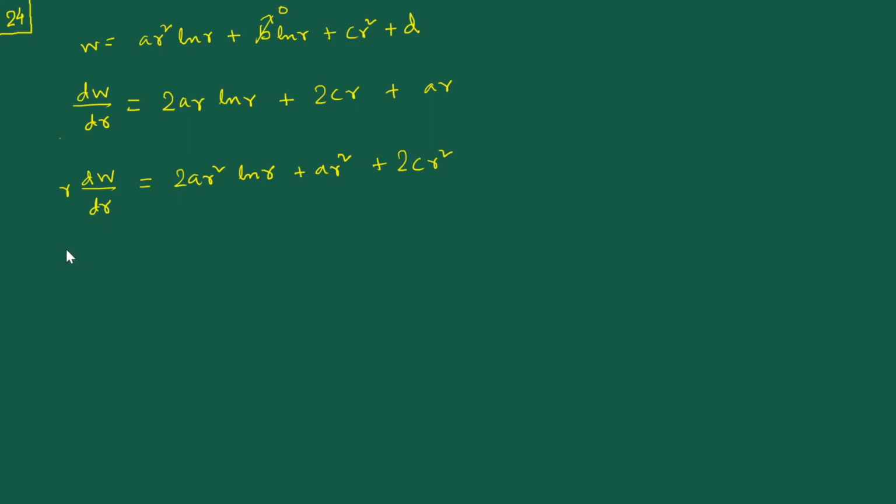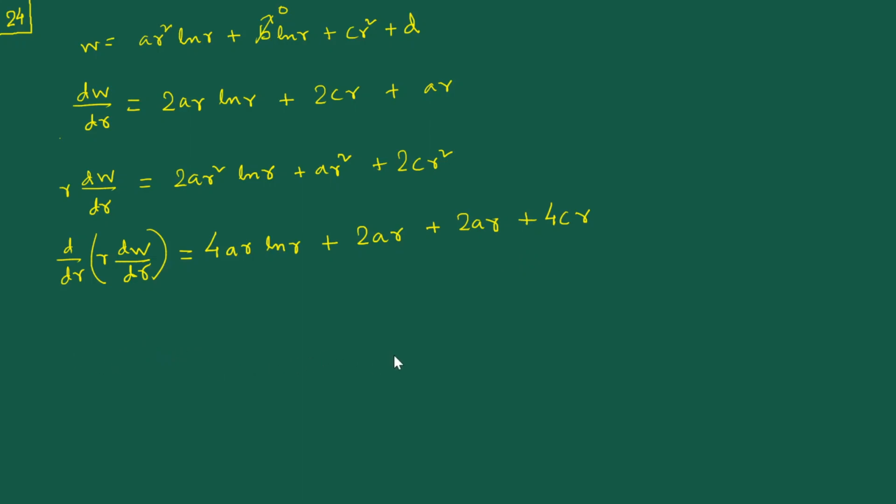Next, I need to do a d/dr of this. So that gives me 4Ar ln r plus 2Ar plus another 2Ar from this term plus 4Cr.